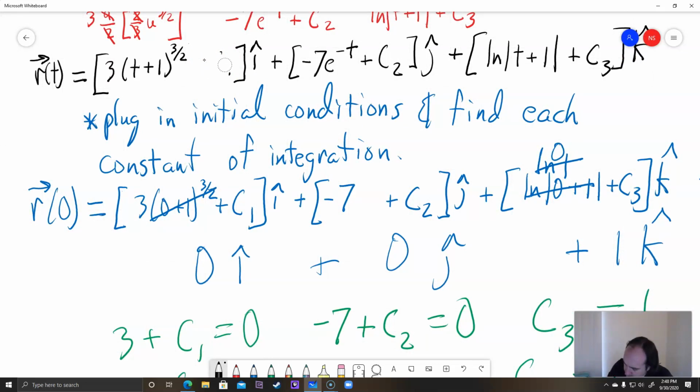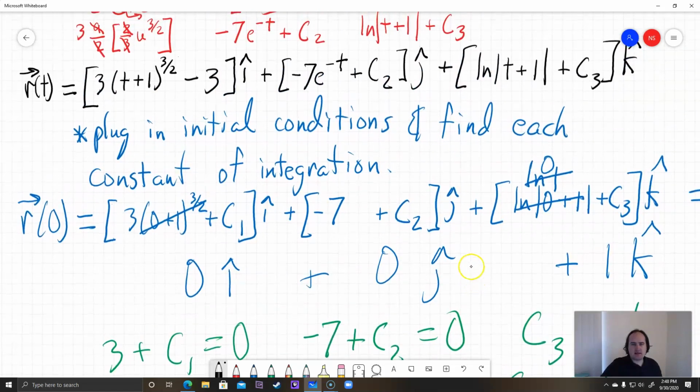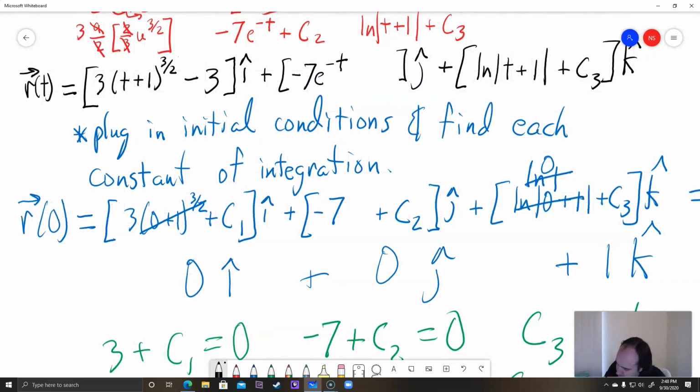So let me do that. We're going to have a -3 there. And then for the second component, C2 equals +7. So I'm going to replace the C2 up here with +7.